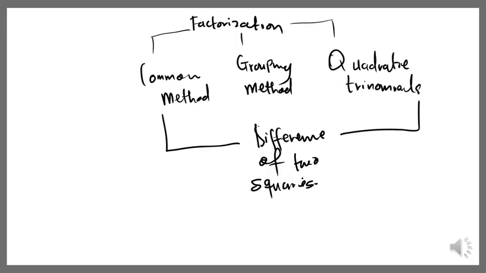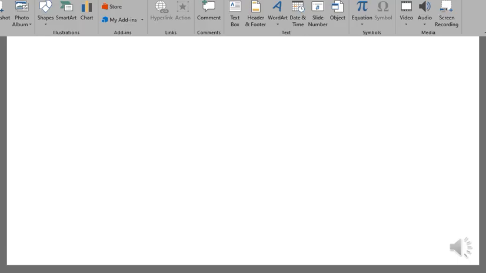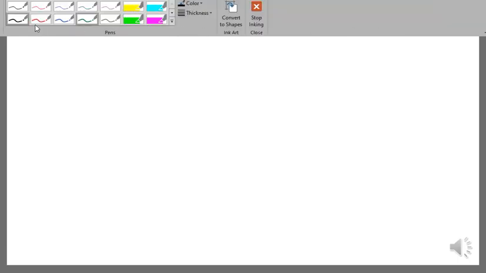Alright, so before we continue, just take 10 minutes to answer these difference of two squares questions. So this will be, I think, exercise 7.